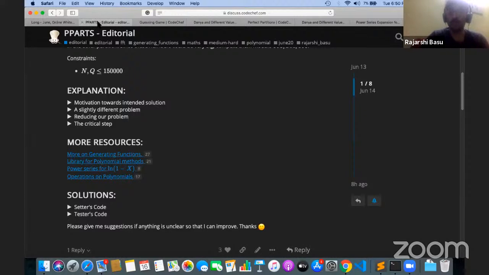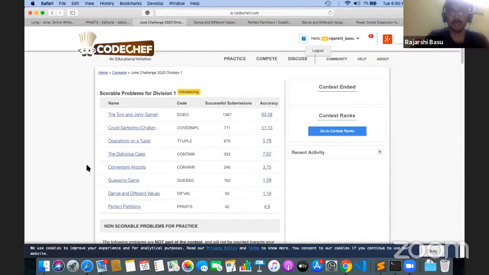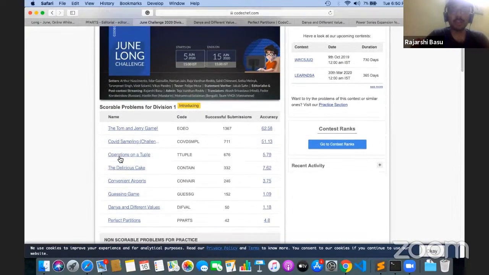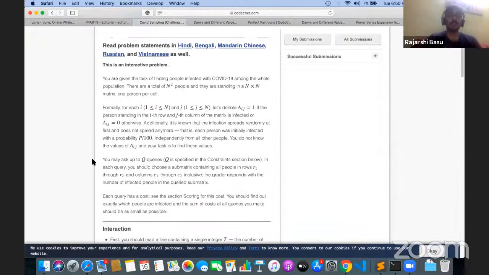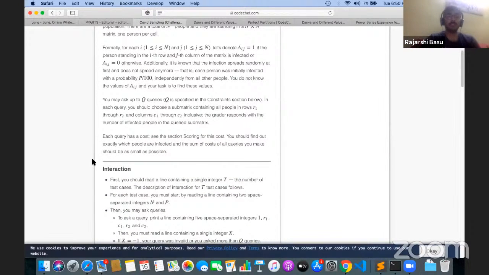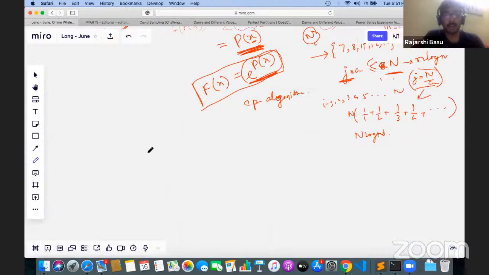Okay, let me just give a brief of what my ideas are for the challenge problem. I have not looked at all the solutions yet, but what I think should get many points, and it does, is a kind of 2D binary search. So you are basically trying to figure out which parts have a 1. So it's kind of like a parallel binary search if you can do it.